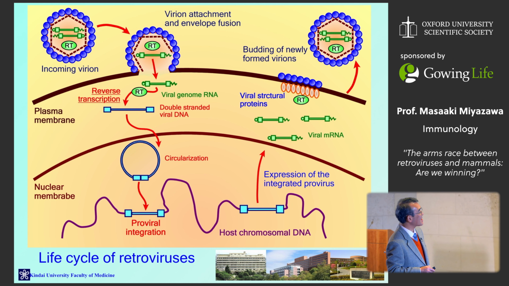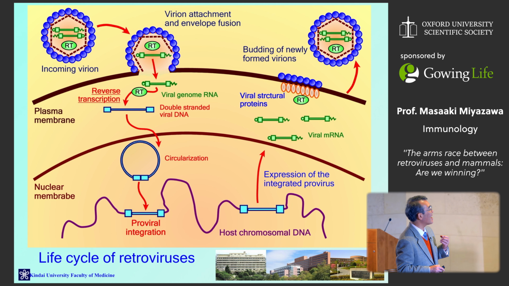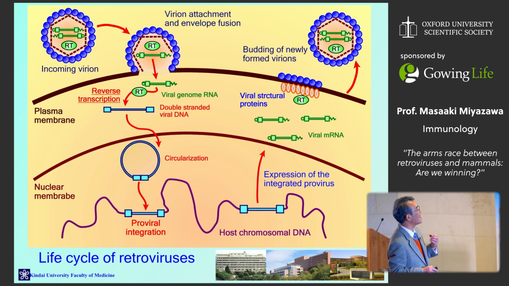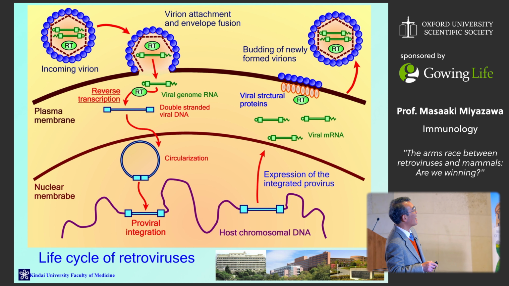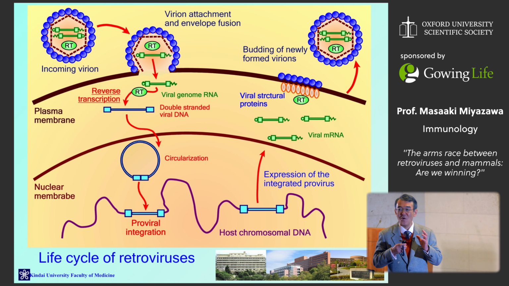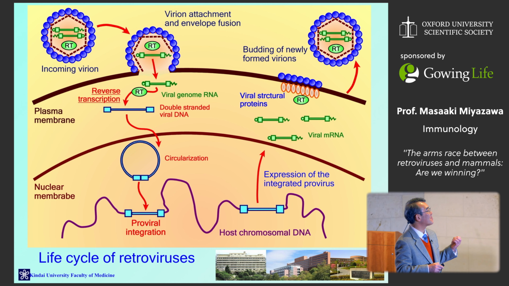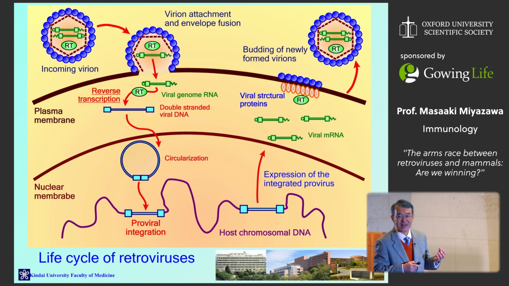And the interesting thing is, for retroviruses, messenger RNA itself works as the viral genome. So this messenger RNA, of course, directs the production of viral proteins, and the messenger RNA itself is covered with the produced viral proteins, and the progeny viruses come out from the cellular membrane. The way progeny viruses are produced depends on so-called budding.